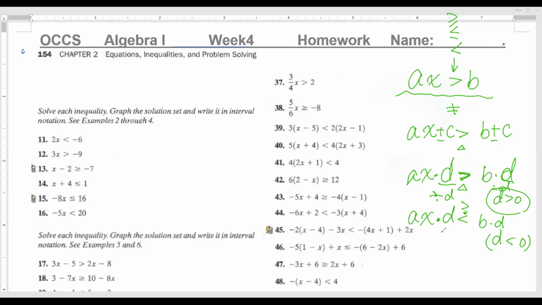When you divide by a negative number, the sign changes from greater than to less than, which means changing the inequality to its opposite direction. So if initially it is greater than, you need to change to less than. If initially it is greater than or equal to, change to less than or equal to. So this is the basic information we talked about last week.